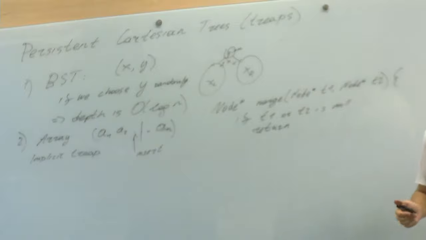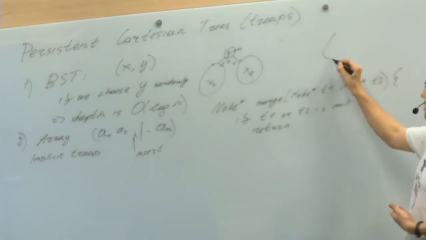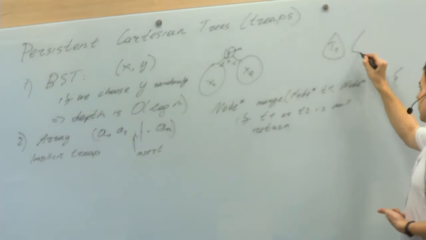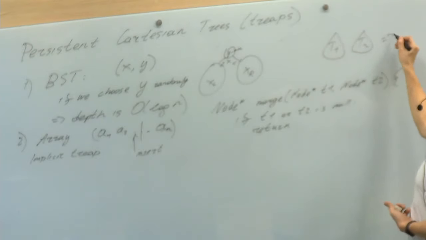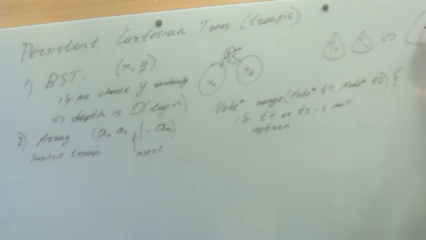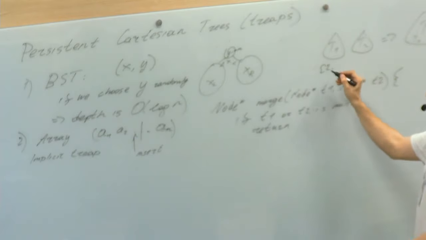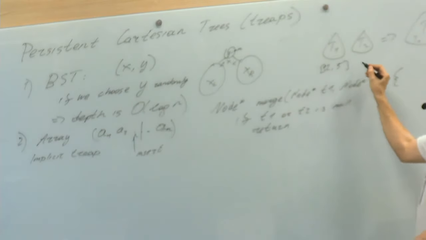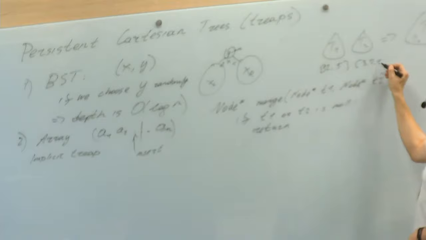So merging corresponds to: we have T1 and T2, and we would like to create the larger tree T that first contains T1 and then T2. If we are talking about sequences, this just corresponds to concatenating the sequence here and the sequence here. So 1, 2, 5 and 3, 2, 1 will get concatenated into 1, 2, 5, 3, 2, 1.